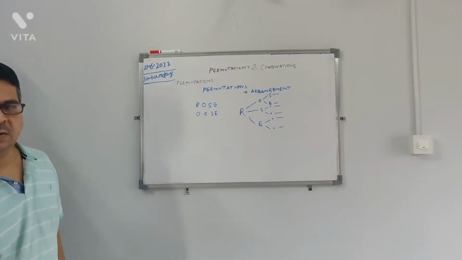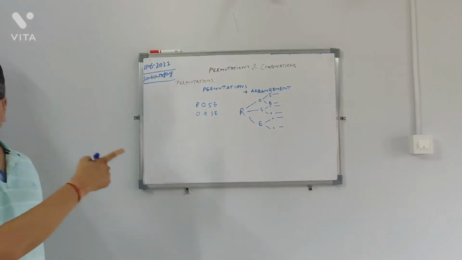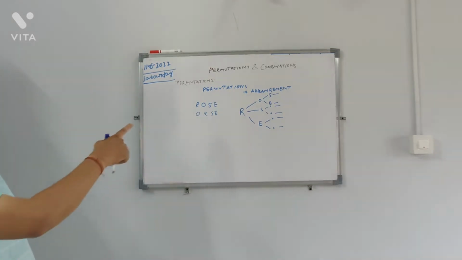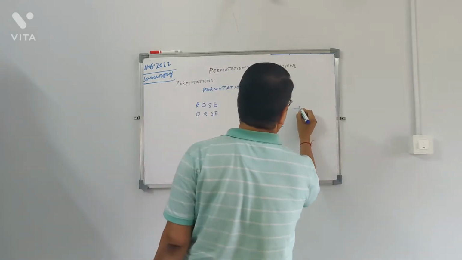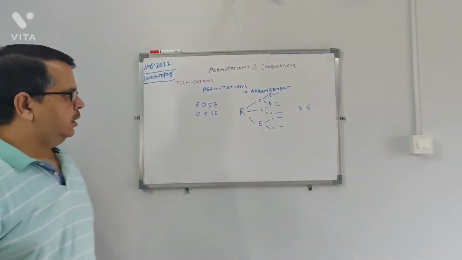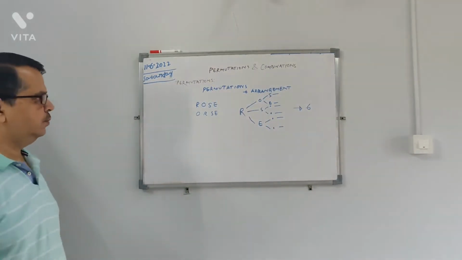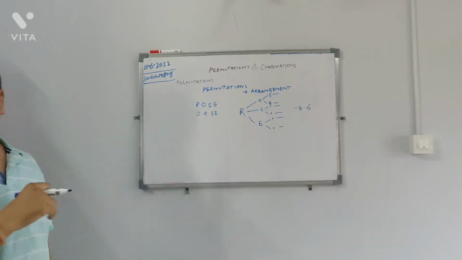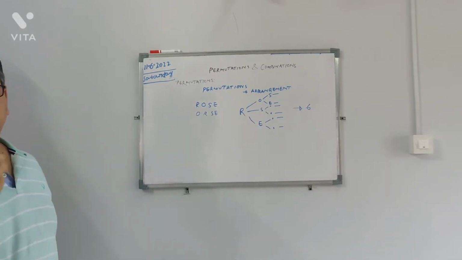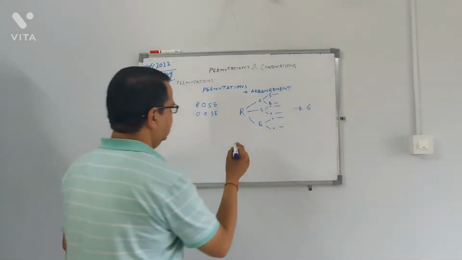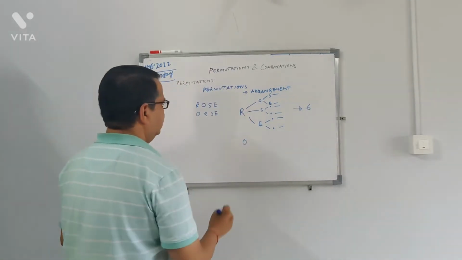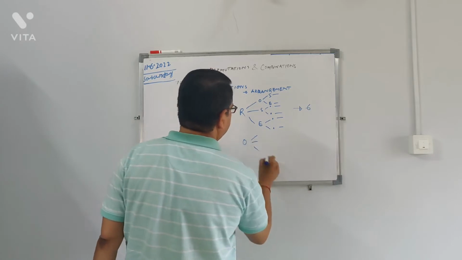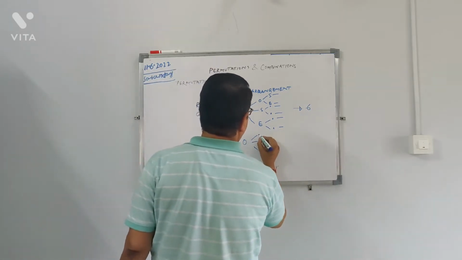This is for R. You start with R, you end up with 6. If you start with R, you end up with 6 different permutations, 6 different arrangements.